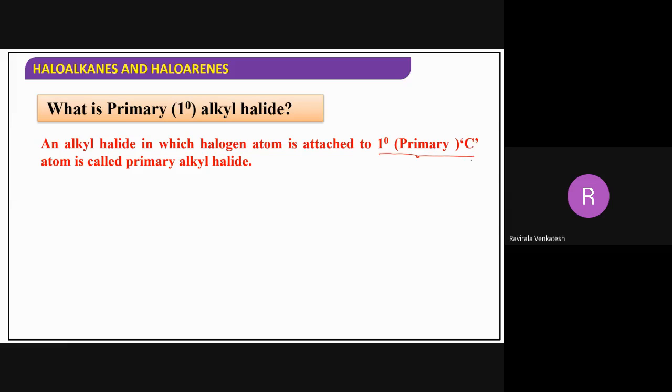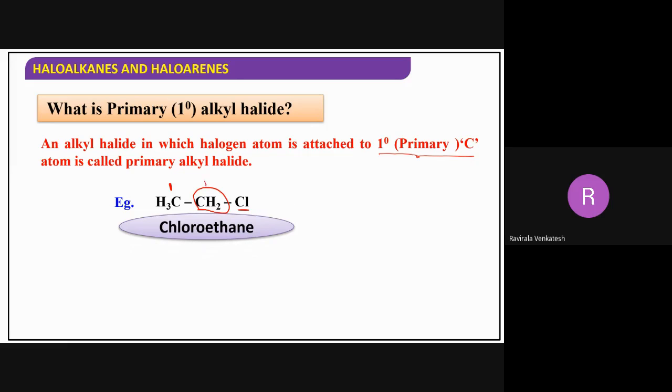A carbon bonded to 1 carbon is called primary, and a carbon bonded to no carbon is called primary. Take this carbon, the halogen-bonded carbon, bonded to only 1 carbon. So this is called a primary alkyl halide.